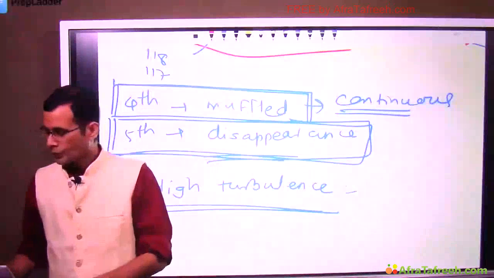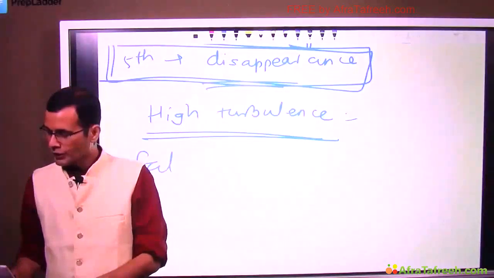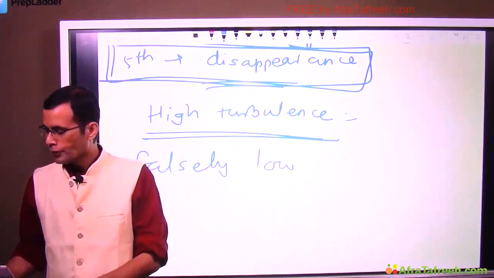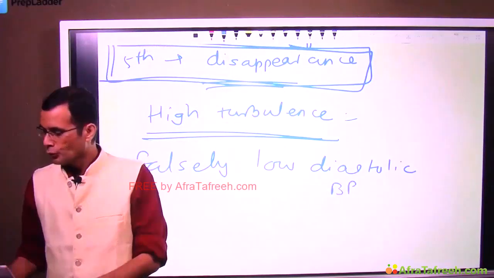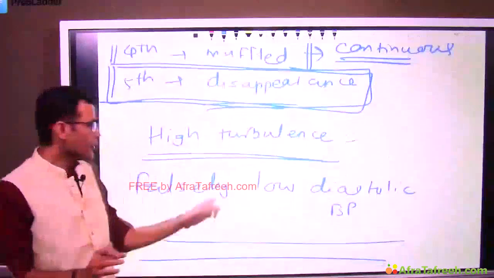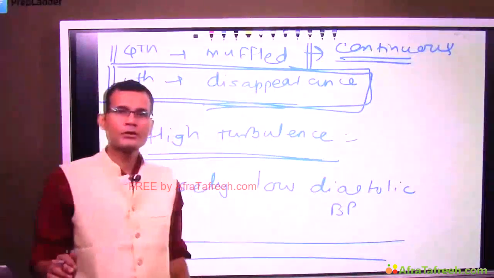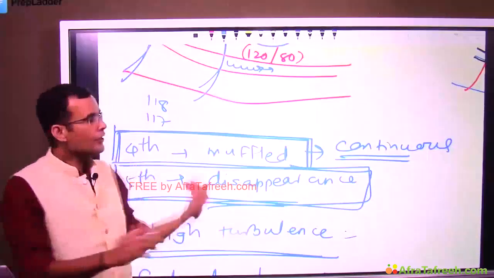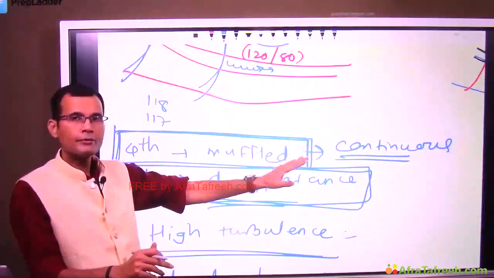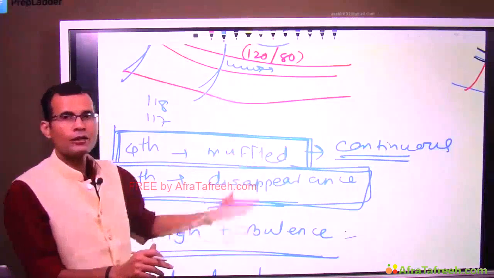Then you are likely to get a falsely low diastolic blood pressure, because you are taking disappearance of sound as the diastolic blood pressure, but actually the cuff pressure had reached diastolic blood pressure already when muffling of sound started.